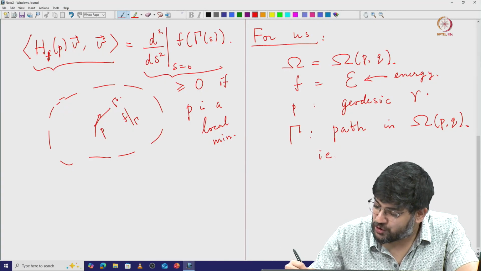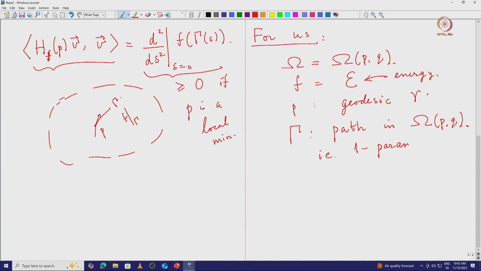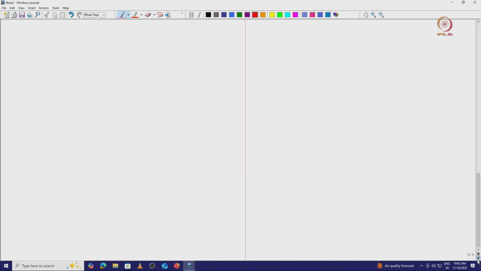In other words, it is just going to be a one parameter admissible variation, and then I would like to mimic this second derivative test. That brings us to the key point of this lecture, namely the second variation formula.